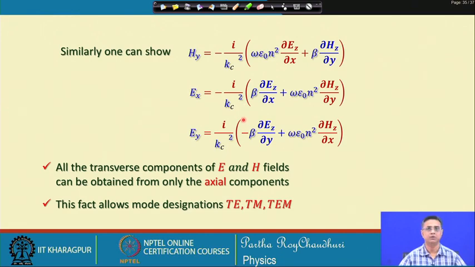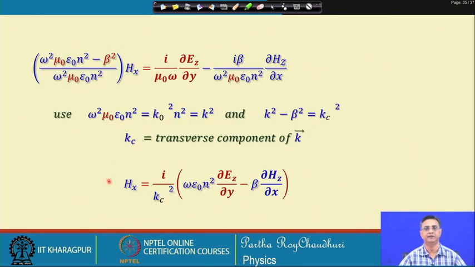Right. Now, one interesting point here is that by doing this we have been able to express the transverse components of the electric and magnetic fields, that is Hx, Hy, Ex, Ey, all these 4 transverse components of the electric and magnetic fields are now represented individually by only the longitudinal components, that is Ez and Hz in some form.